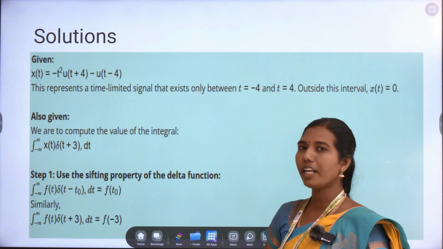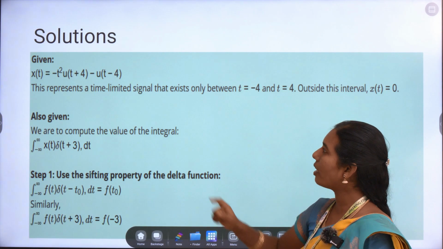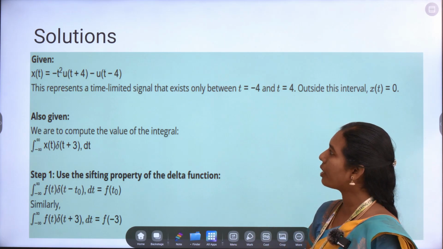Here x of t equal to minus t square into u of t plus 4 minus u of t minus 4.